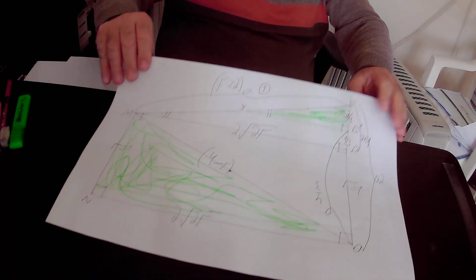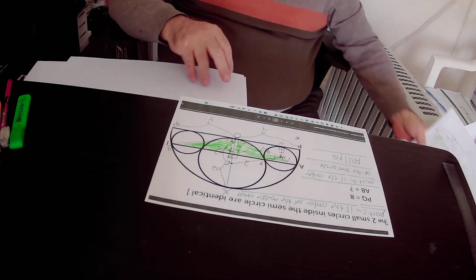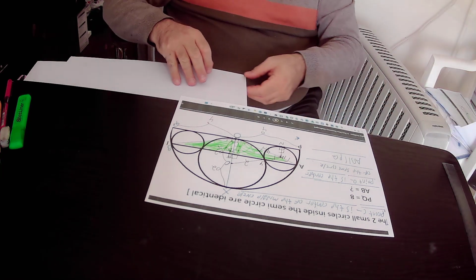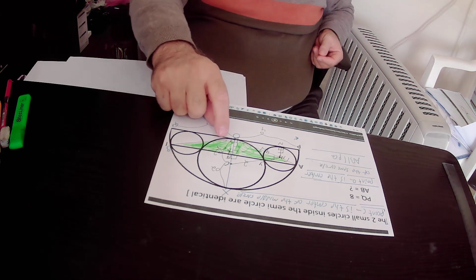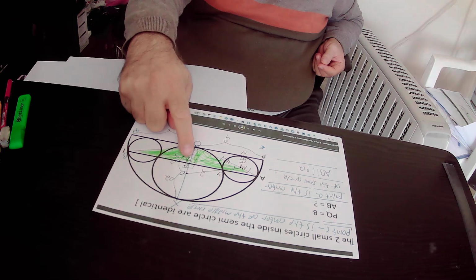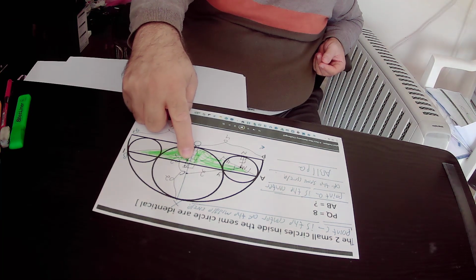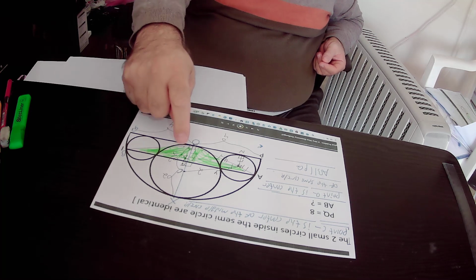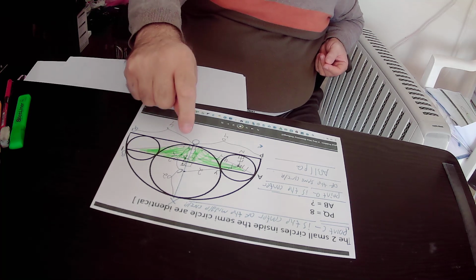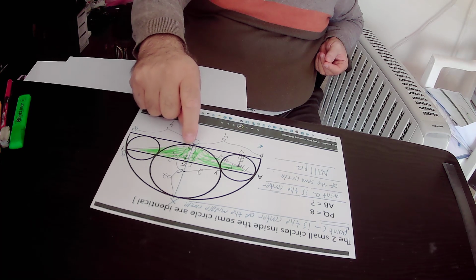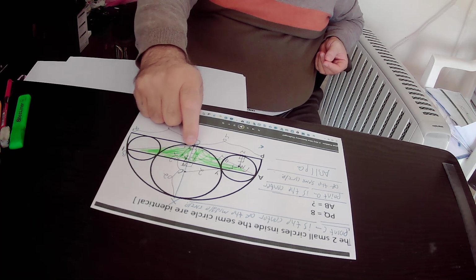Then we connected points O and B by a straight line, and we calculated the size of angle OEB. Actually, we have the rule that the sum of the angles on one side of a straight line equals 180 degrees.